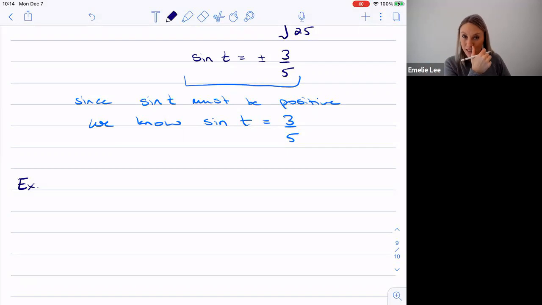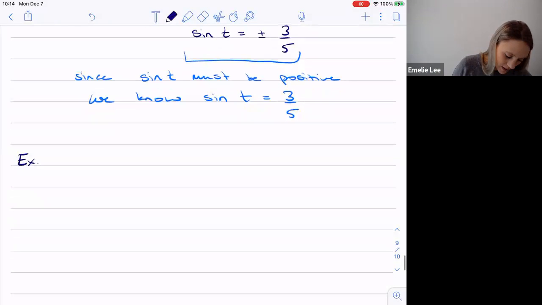So very similar, but now I'm going to use the secant. Okay, so suppose, and I'll write out the entire question this time so I don't miss a crucial part.